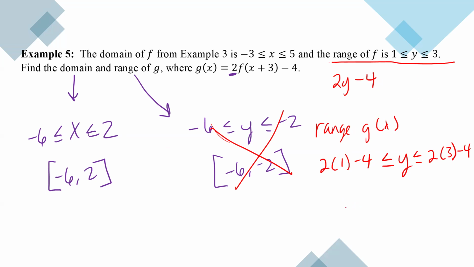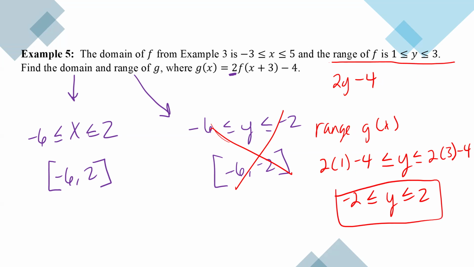So what is my actual range? What's 2 minus 4? Negative 2. What's 2 times 3? 6 minus 4? 2. So that is my actual range of that transformation. I apologize. We'll come back. All right.